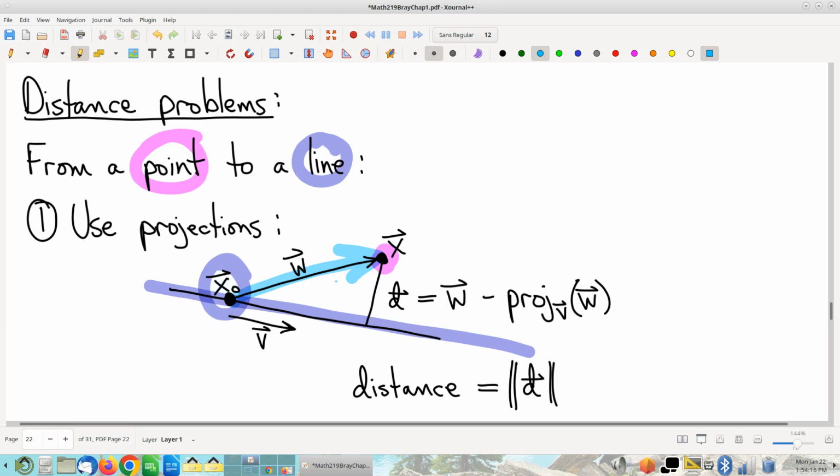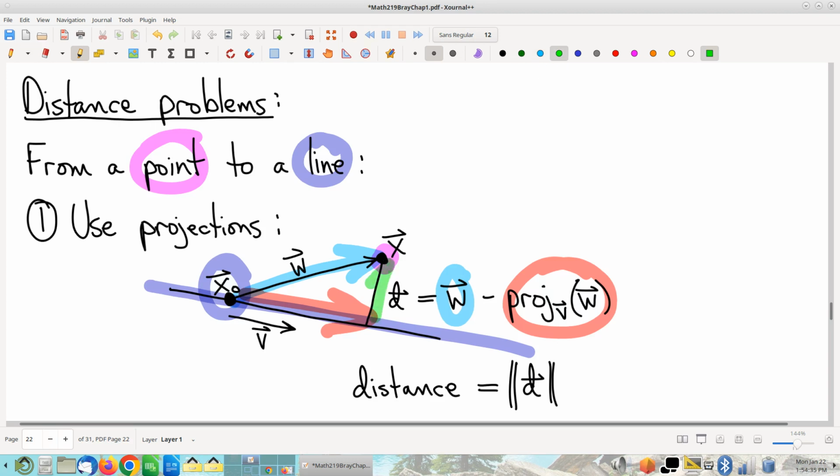But notice I can talk about the projection. This projection vector. And that initial blue vector minus my projection vector, that is exactly what we're looking for.